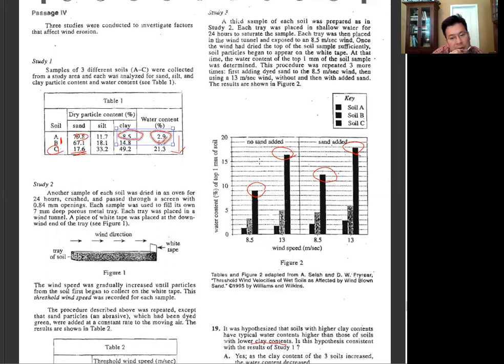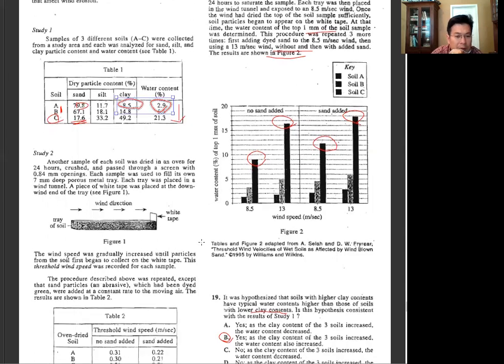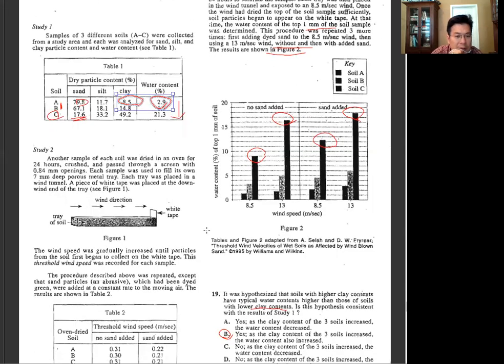Saturated 24 hours. The sample soil preparing in study 2. Tray places shallow water. Sample tray then placed in the air, exposed. Tray contains only, okay, here too. So wind speed.